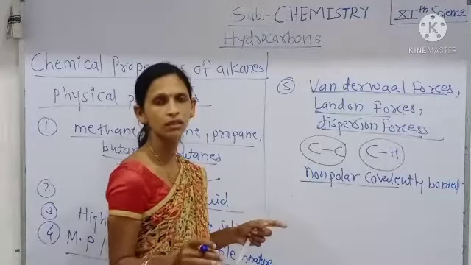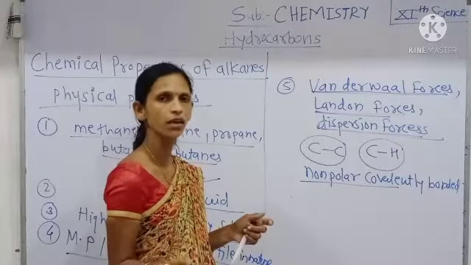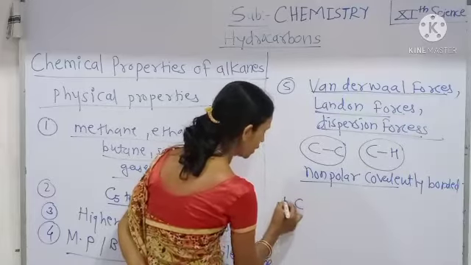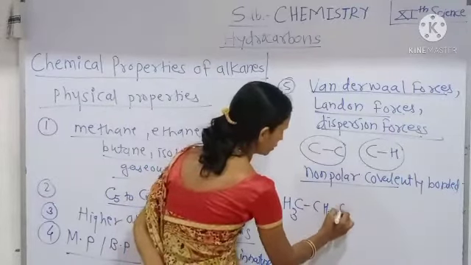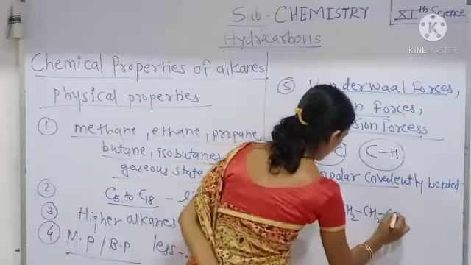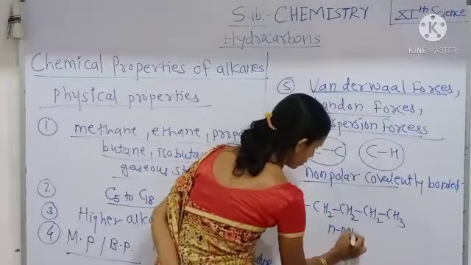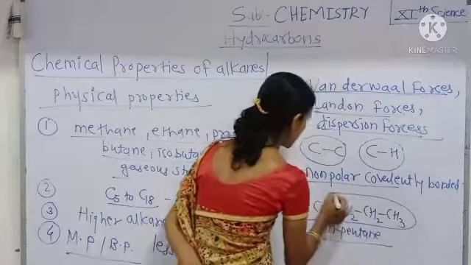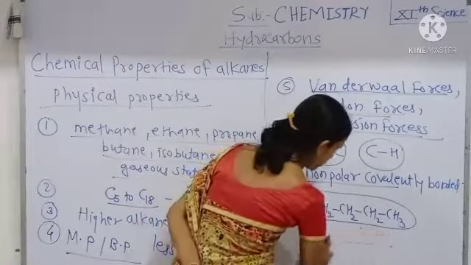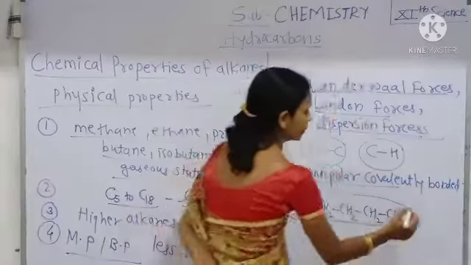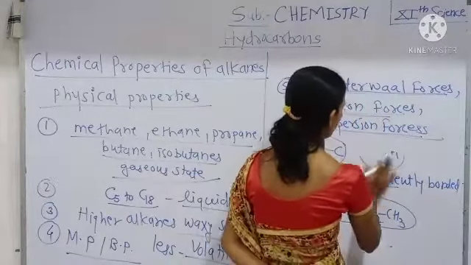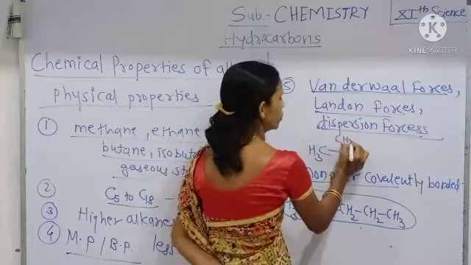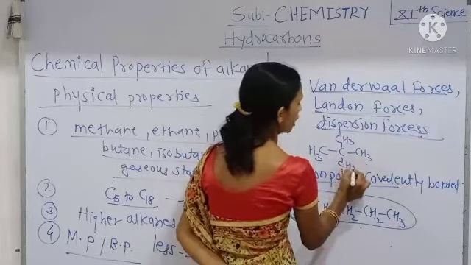For example, n-pentane has a straight chain structure, and the branched chain alkane is neopentane or isopentane.